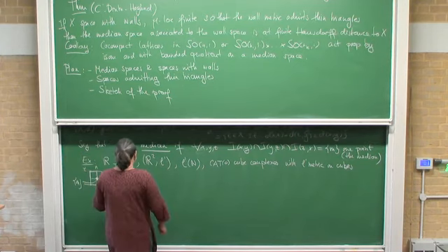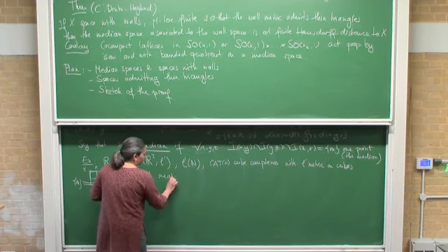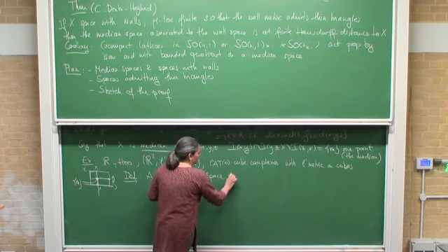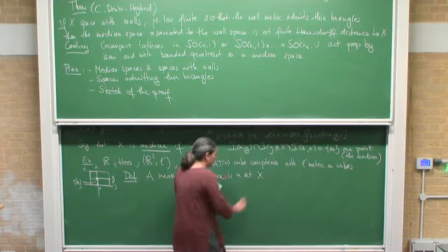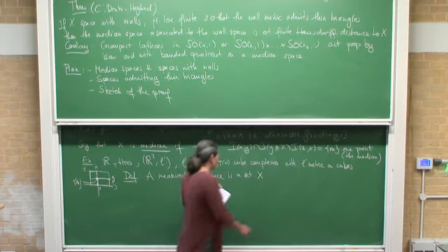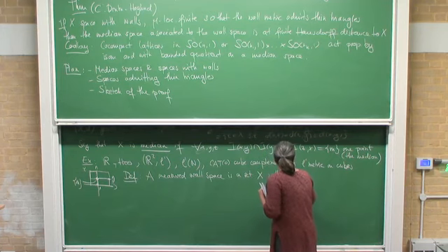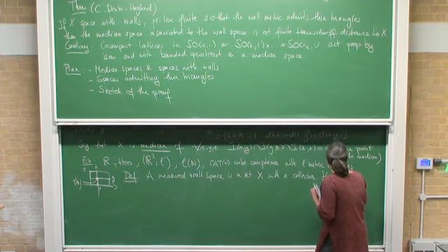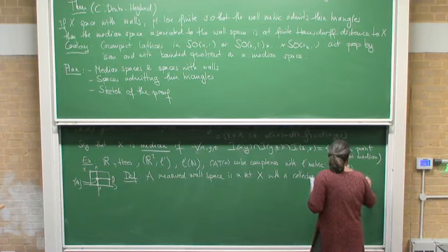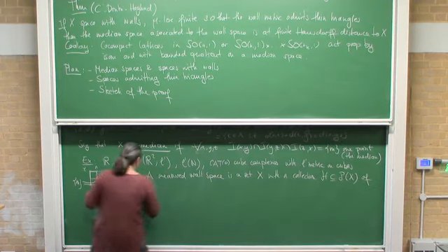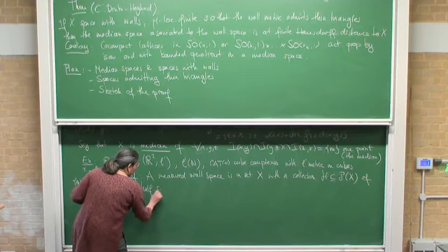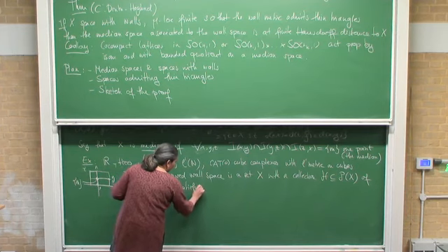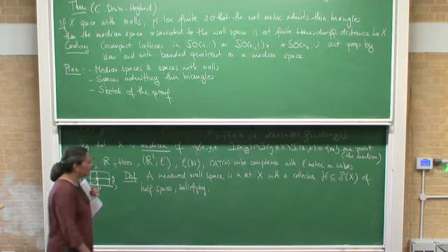Right, so a measured wall space is a set X with a collection H contained in the subset of X of half spaces, satisfying... So what does it have to satisfy?